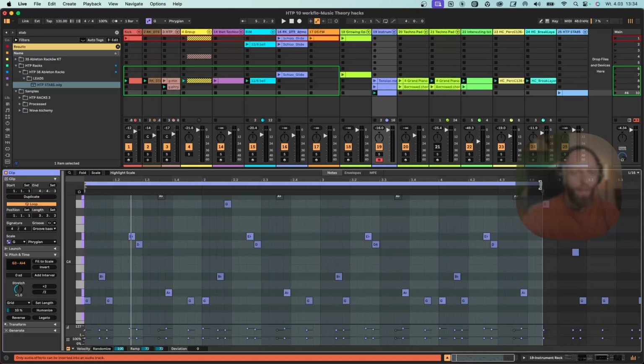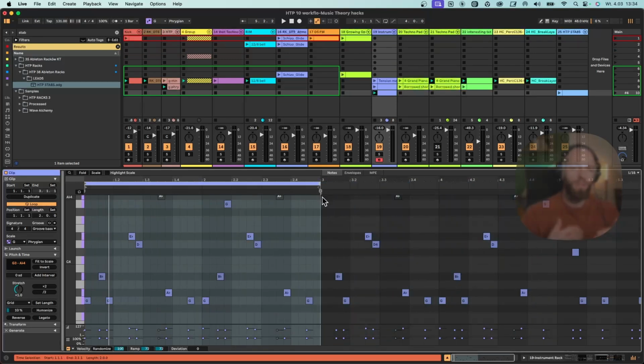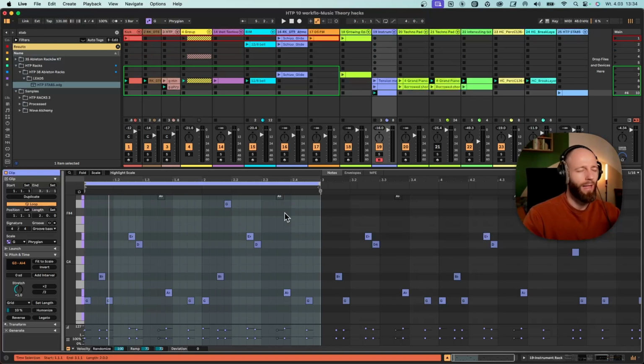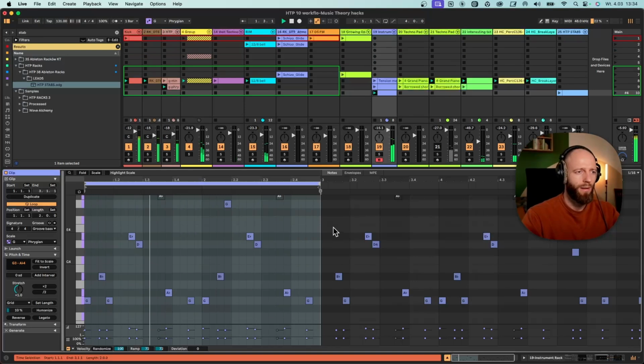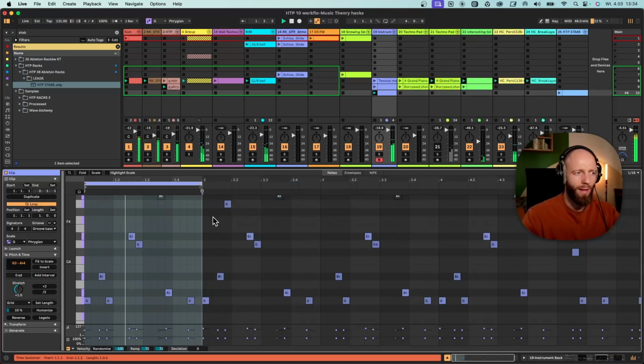You want to have variation at least every second repetition of the pattern, if you don't have any modulation. So in this instance, if we had only one bar, it would be 1, 2, 3, 4.